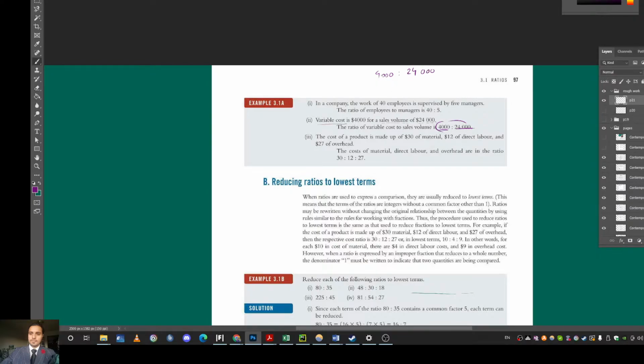For example, if we cancel out these zeros and divide 4,000 and 24,000 both by 1,000, then we are left with a ratio of 4 to 24. So for every $4 spent on variable costs, they sold $24 worth of items in sales. Okay, so that's the ratio of variable cost to sales volume in this case.